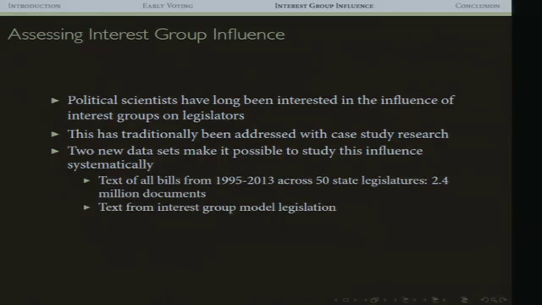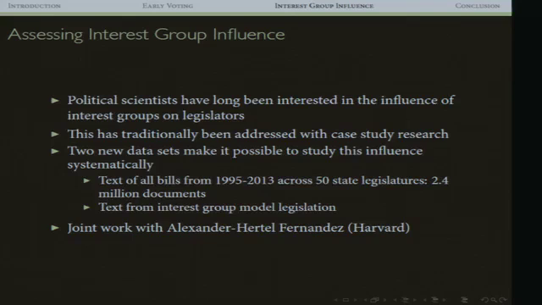And the idea is, simply speaking, as Adam also alluded to, we're going to try to find footprints of interest groups from their model legislation in actual laws that are introduced and enacted across American states. And this really has the potential to change our ability to answer this question of influence.